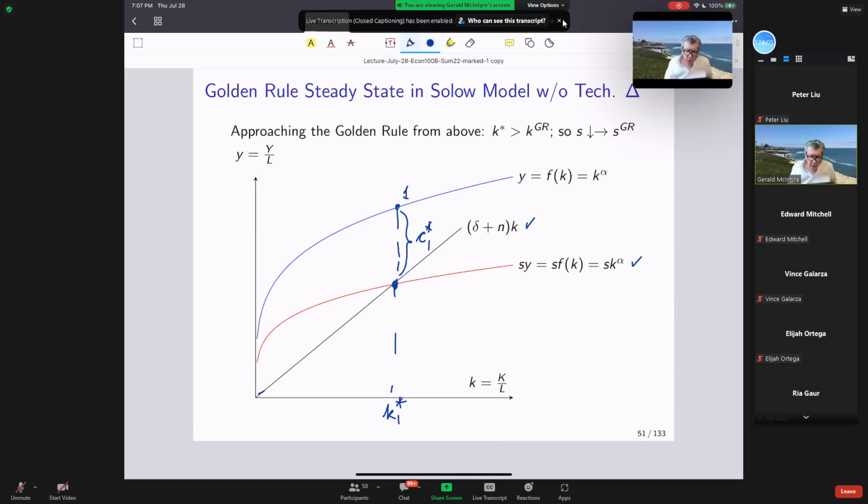If we use the trick of looking at the slope of the break-even line and the slope of the output function, that point has to be the golden rule. Look at the consumption there, that would be a huge amount of consumption, much higher than the consumption you're already at. That's the logic, and this would be f prime of k, and the slope of the break-even line is delta plus n. This f prime of k has the same slope as the break-even line, and so that point would be the golden rule.